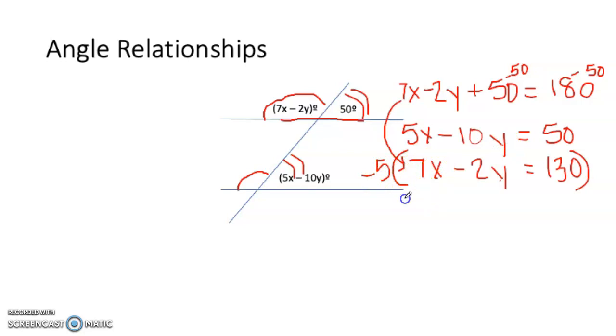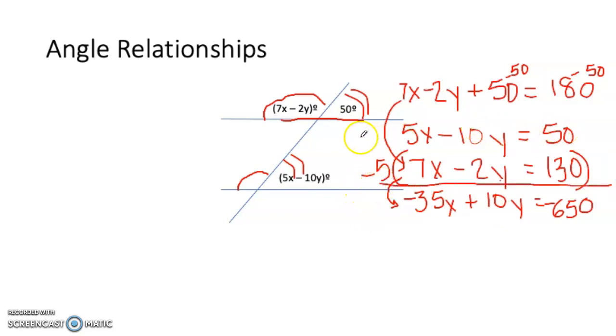If I multiply this by -5, I get negative 35x plus 10y equals negative, and I'm going to start in the ones place, 5 times 5 is 25, carry the 2, negative 650. So this last equation becomes this.